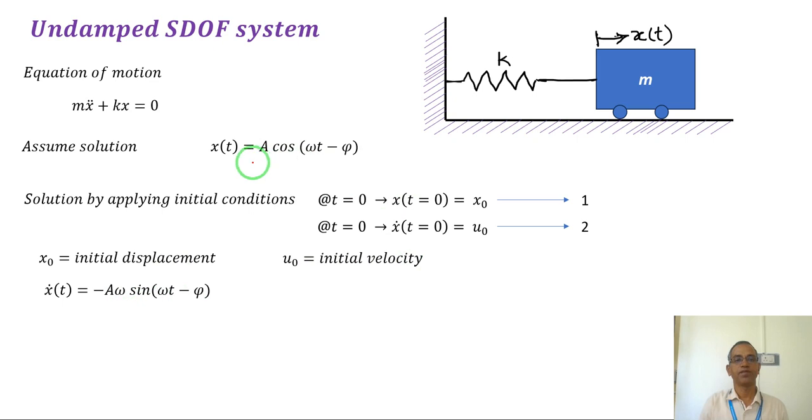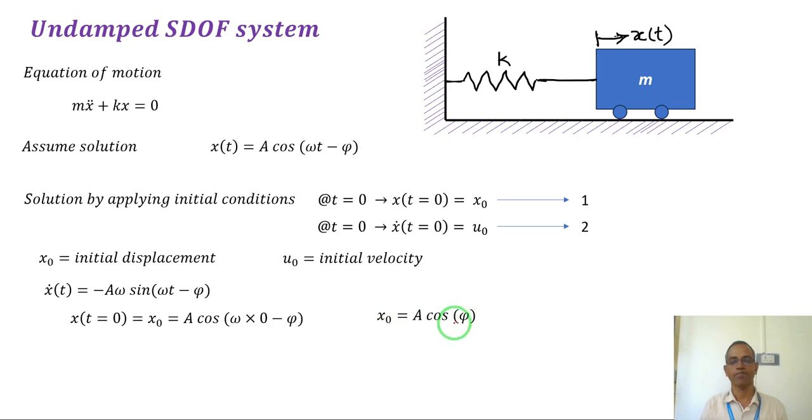Now differentiating this assumed response one time, the velocity becomes minus A omega sin of omega t minus phi. Substituting the first initial condition, for the initial displacement, x of t at t equal to 0 is x naught, which is equal to A cos of omega into 0 minus phi, which gives x naught equal to A cos phi.